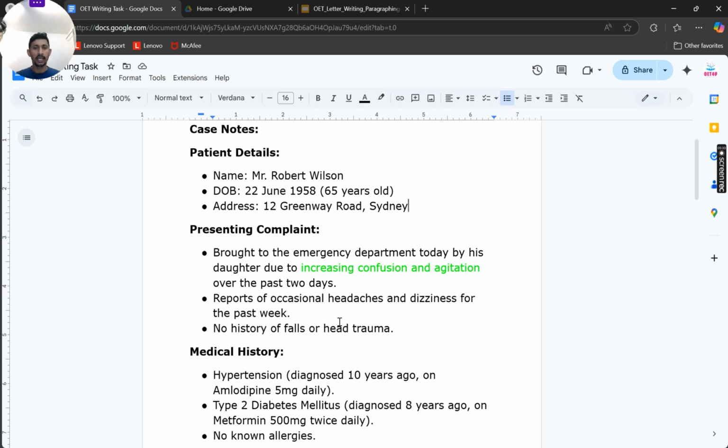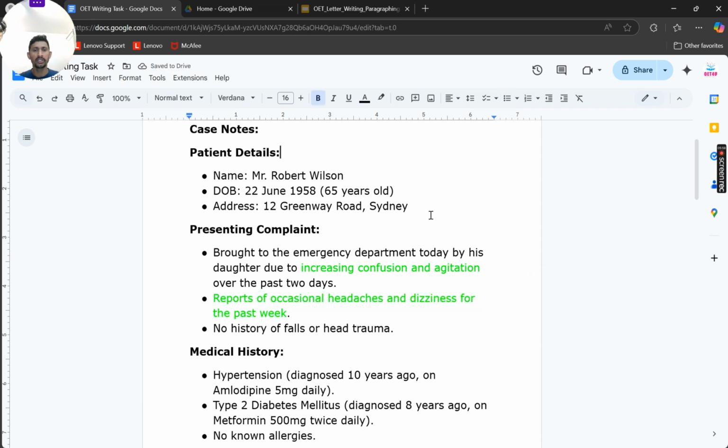Occasional headaches are much related to confusion and agitation. There is a connection between headaches and dizziness, and headaches are always a question for the neurologist as well. So this note is relevant according to our categorization criteria.